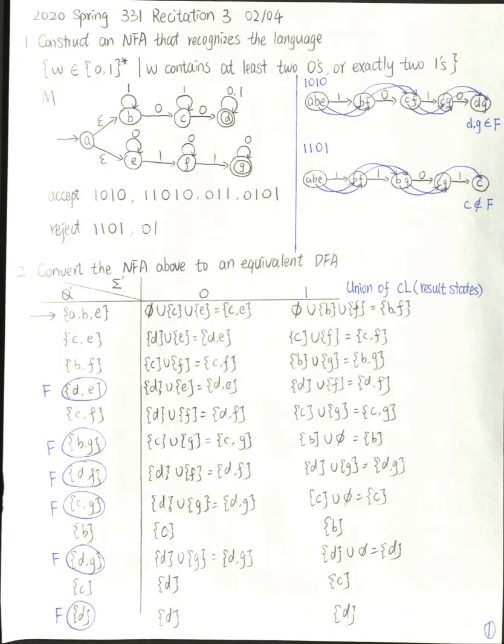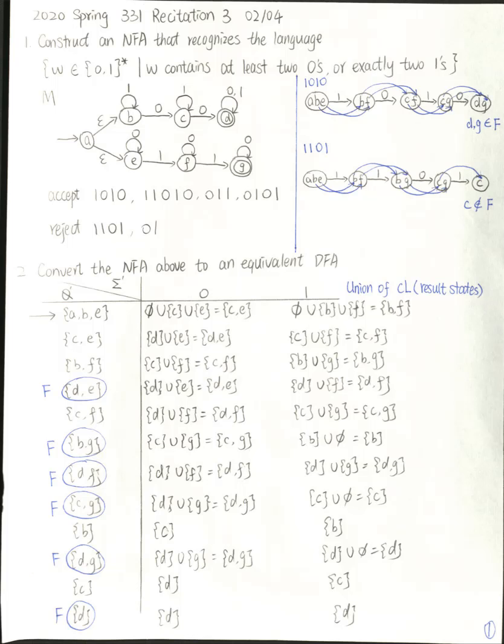Of course, you need to take the closure of B and F because this machine is an epsilon NFA. But in this case, the closure of B and F is just B and F. Remember, the closure of a set of states is the set of states that can be reached from the starting states B and F following 0 or more epsilon transitions.